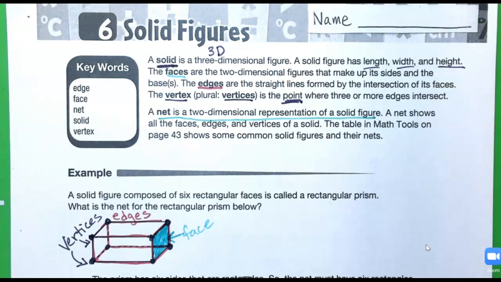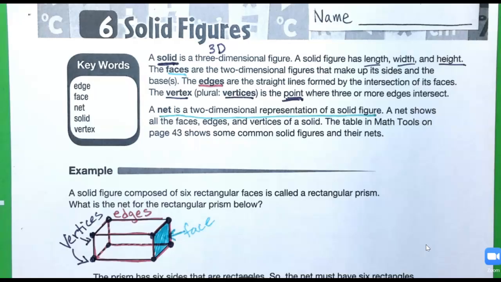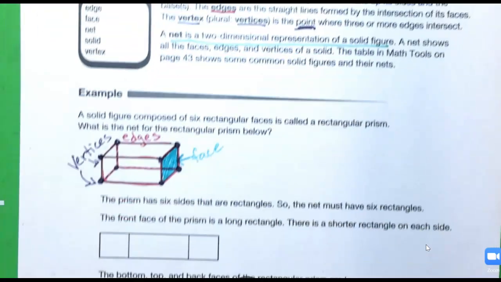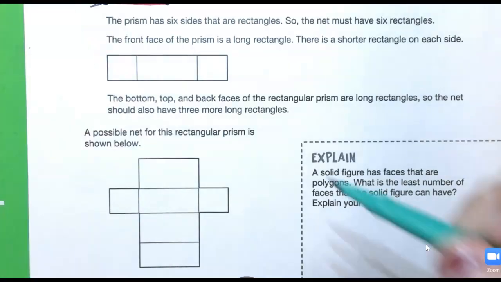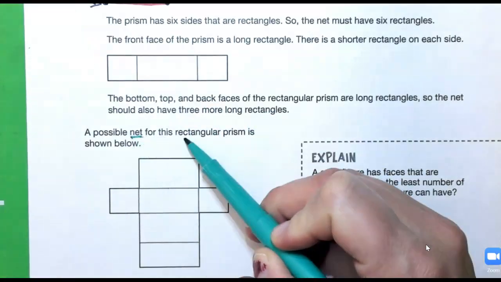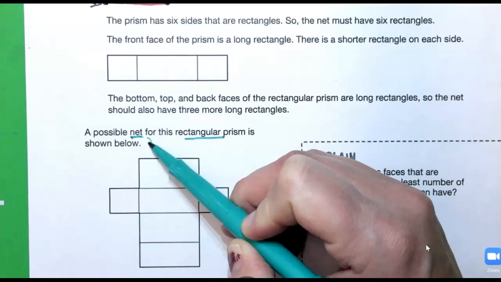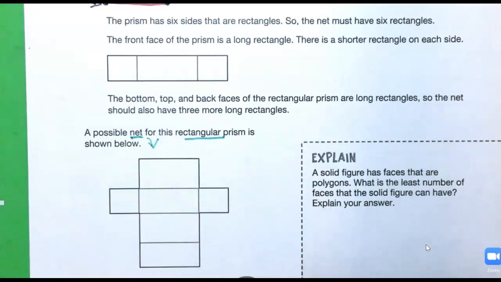But a really important thing to remember is, how do we get a two-dimensional representation of the solid? If we go down to the bottom of our page, this is a net for a rectangular prism right here. This is what a net looks like.